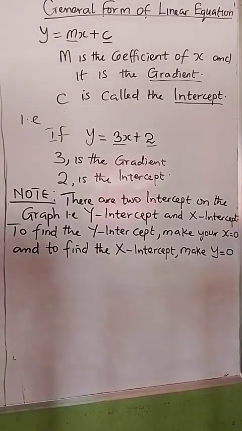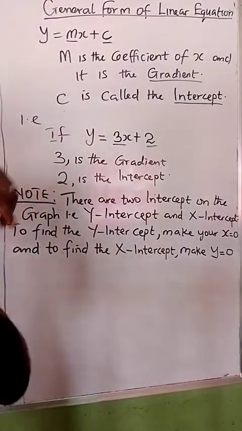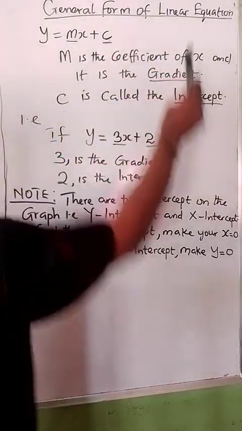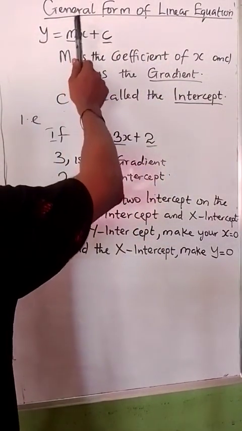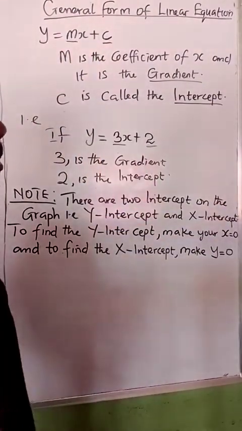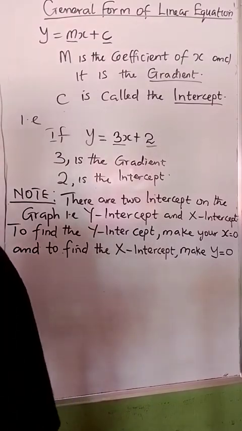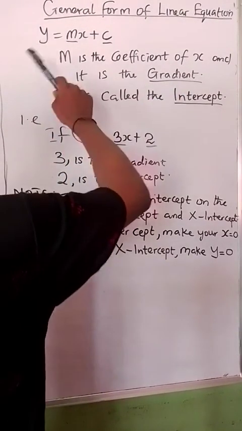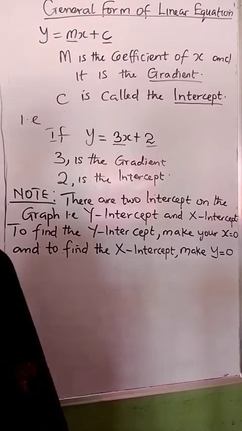Hello students, still on linear equation, general form of linear equation. So remember, I said y equals mx plus c. That's a general linear equation. And m is the coefficient of x, which is called the gradient, and c is called the intercept.